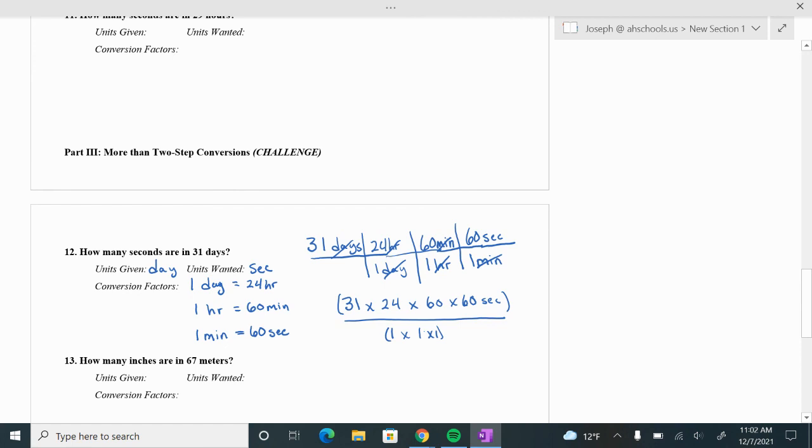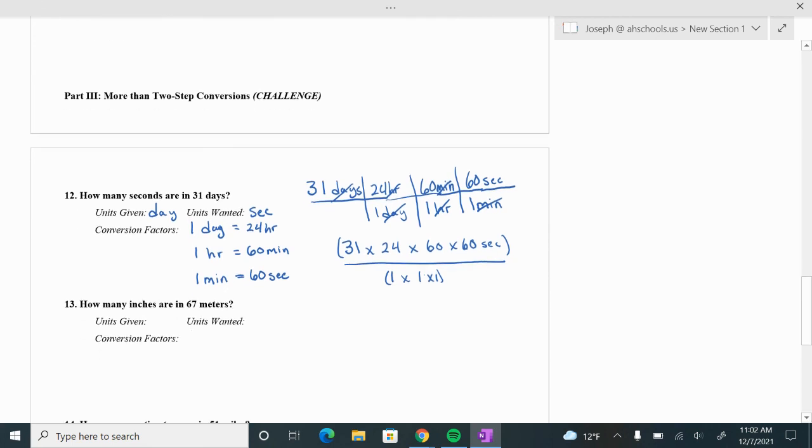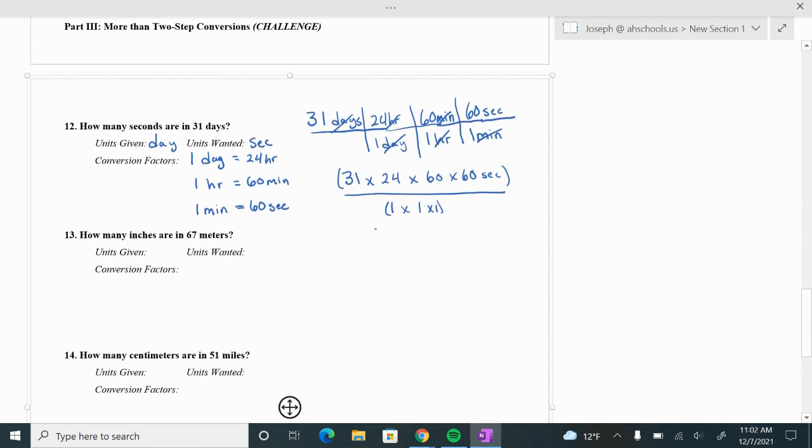All you need to do is pop that into your calculator, and we should be able to solve this one. And in 31 days, we should get an answer of 2,678,400 seconds.